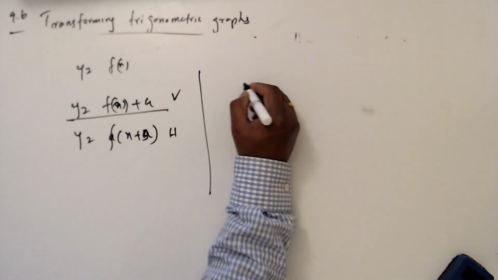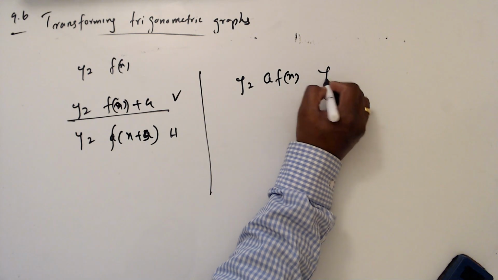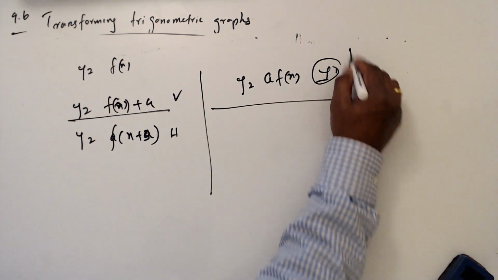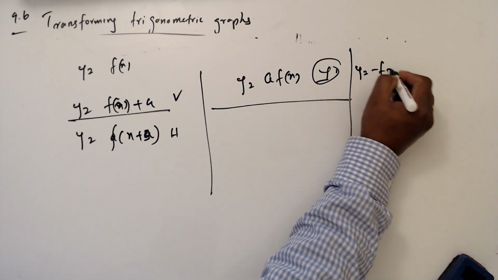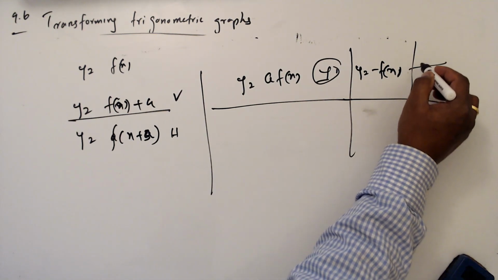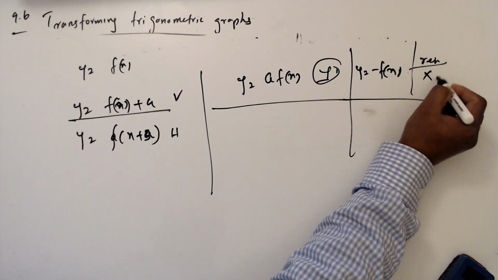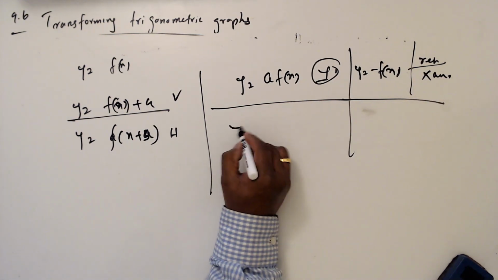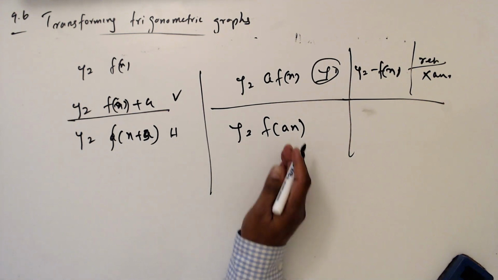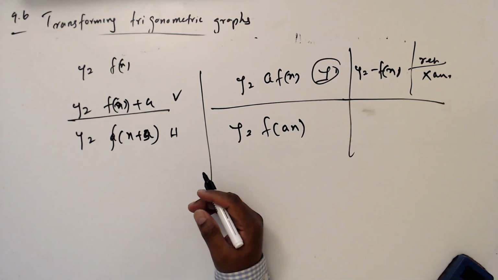And the other one is y equals a f of x, which will affect y values only, a vertical stretch. And y equals minus f of x is a reflection in the x-axis. And the other one is y equals f of a x. So it means you are stretching the graph by a scale factor of 1 over a.